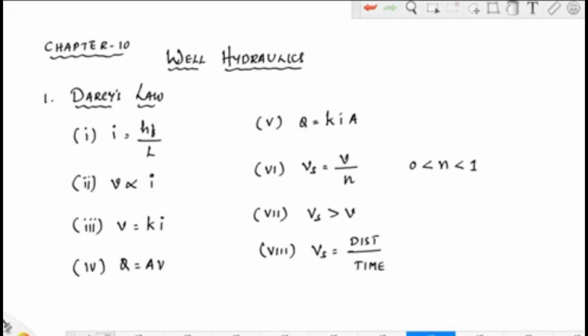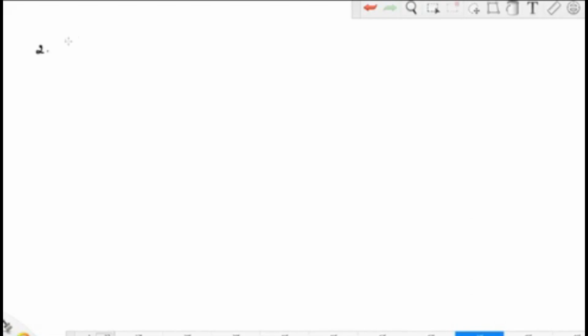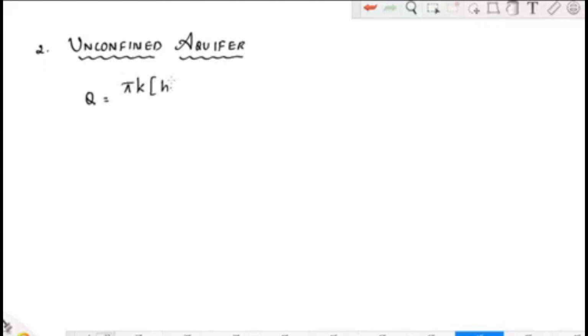Then next thing, unconfined aquifer formulae. Q is equal to pi into K into H2 square minus H1 square divided by ln of R2 by R1.